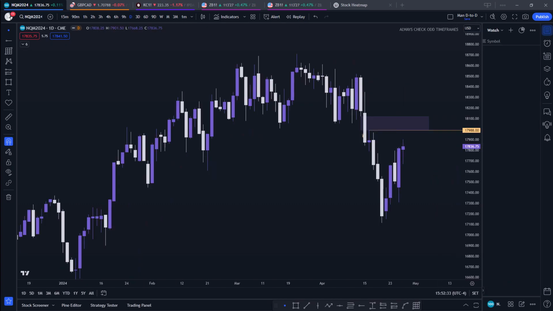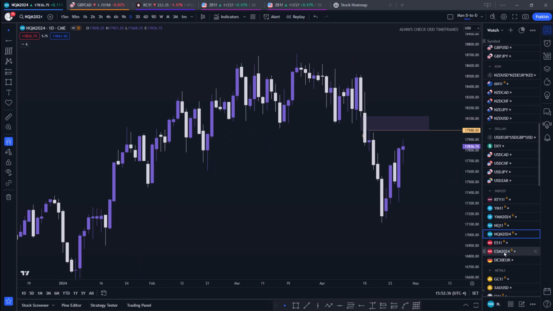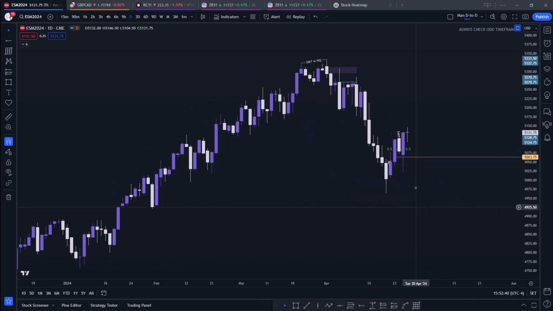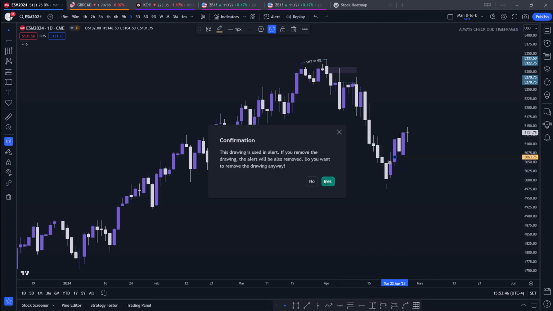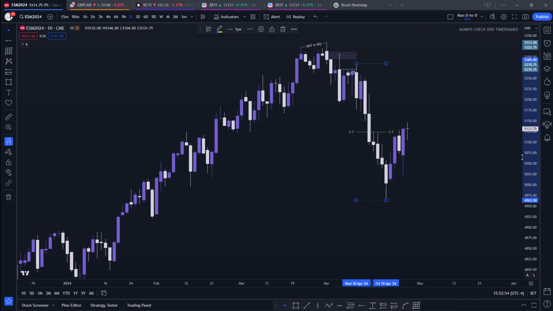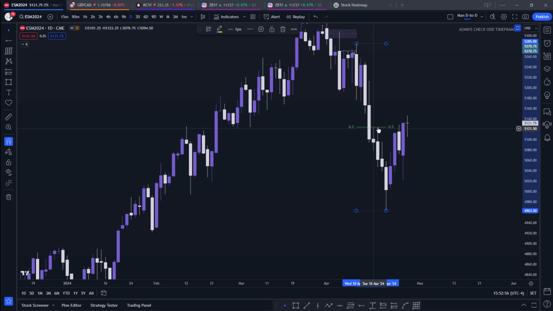Moving to the E-mini S&P 500, we will see somewhat of a similar situation. Of course, with the S&P being weaker than the NASDAQ right now. So when we measure the same range from the low to the high, we would see that we also tapped into the 50%, and we are currently inside of this CB.